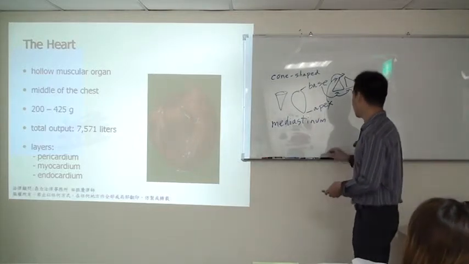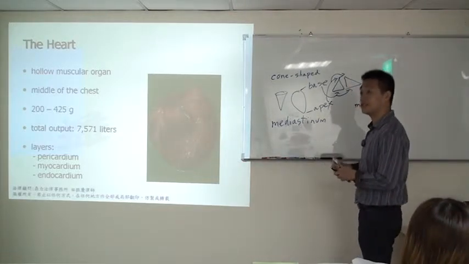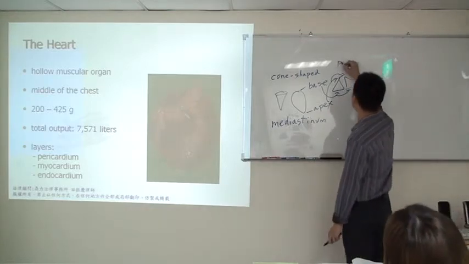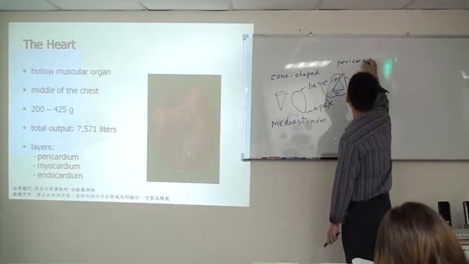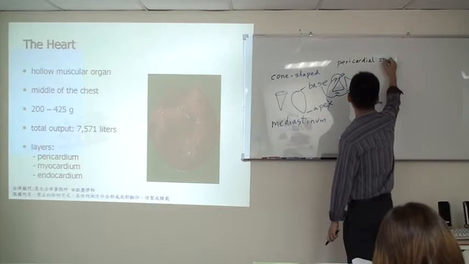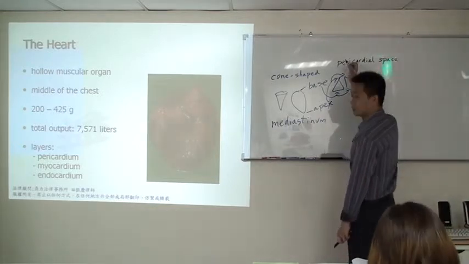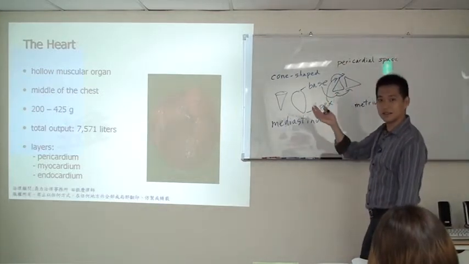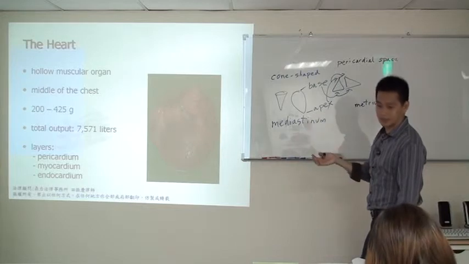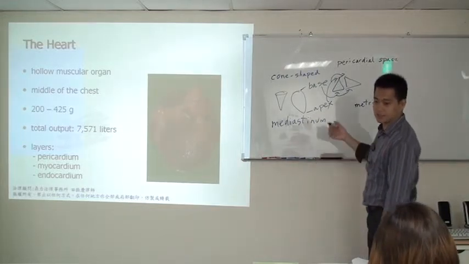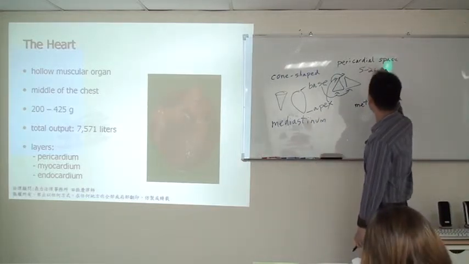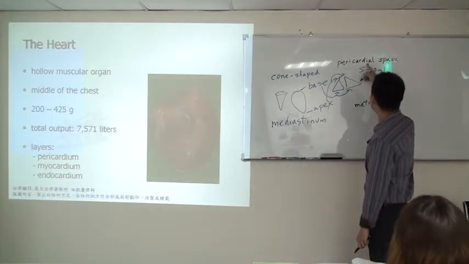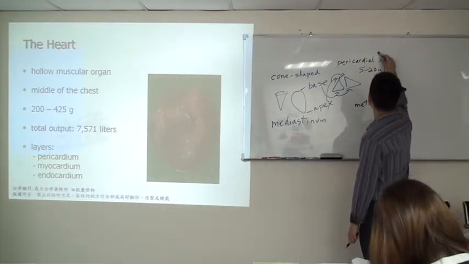So here we also have what we call your pericardial space, right? Space or cavity. There's a space outside the heart. We call it the pericardial space. It contains about 5 to 20 ml of your pericardial fluid.